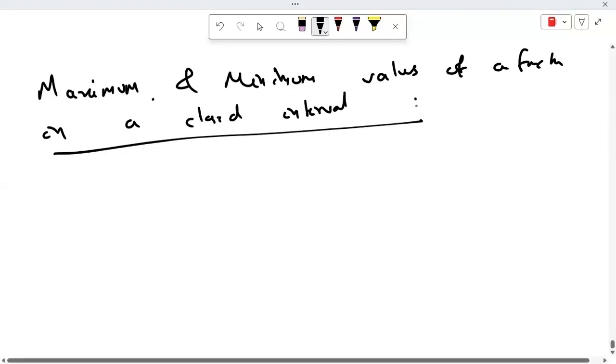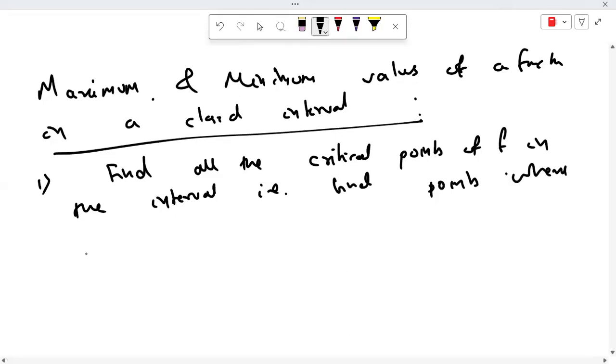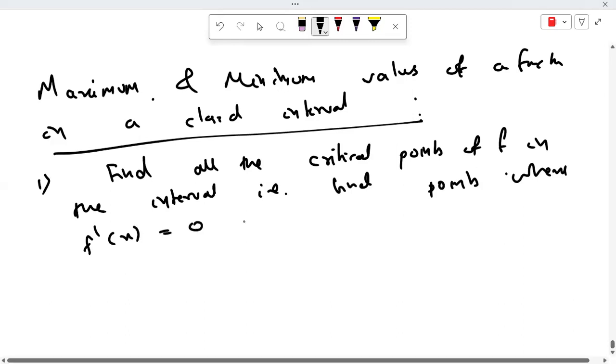If they say find the maximum and minimum value from A to B, then you have to find all the critical points of f in the interval, that is, find points where f dash x is 0 or not differentiable.